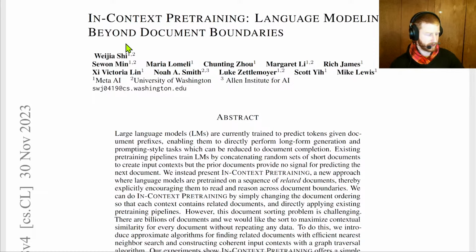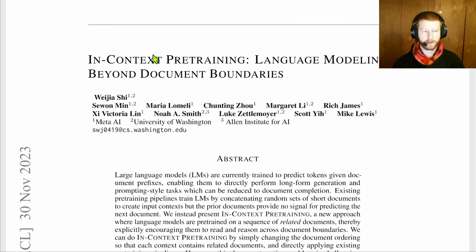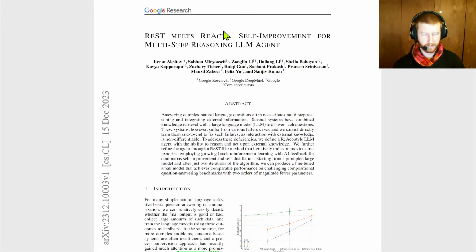End of last year, this came through: In-Context Pre-training, Language Modeling Beyond Document Boundaries. I think we'll look at this next, and then we'll quickly skim these two papers. So this is just a preview.